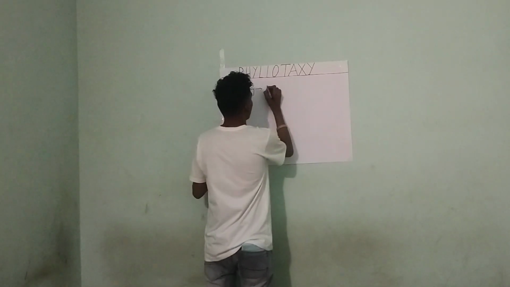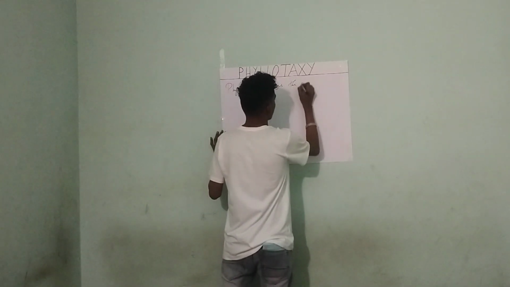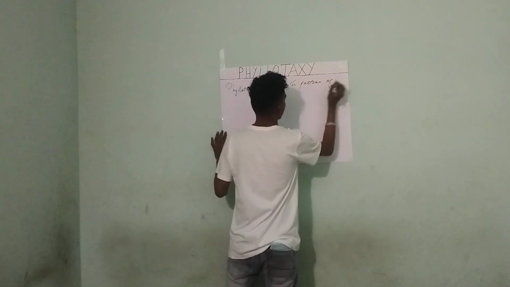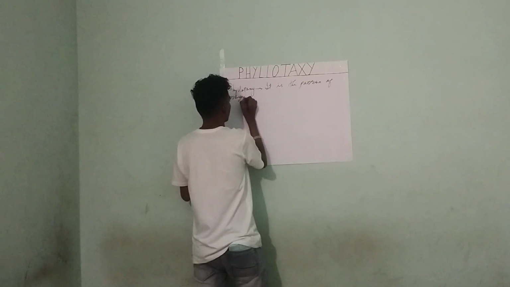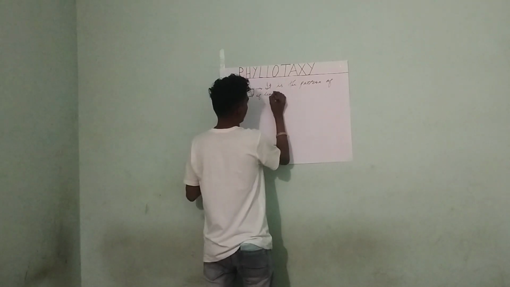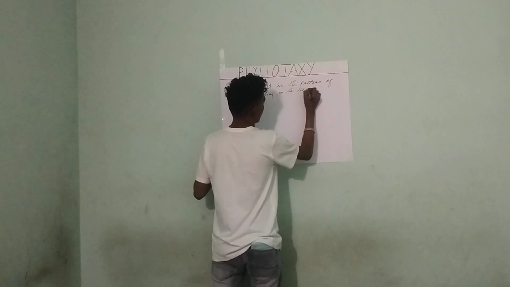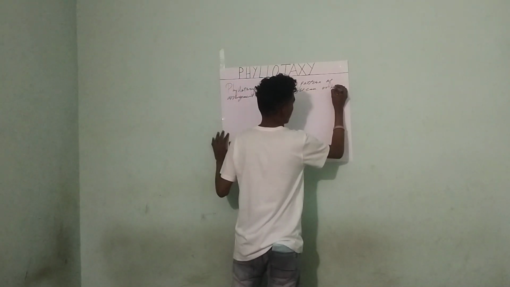Phyllotaxy is the pattern of arrangement of leaves on the stem or branch.